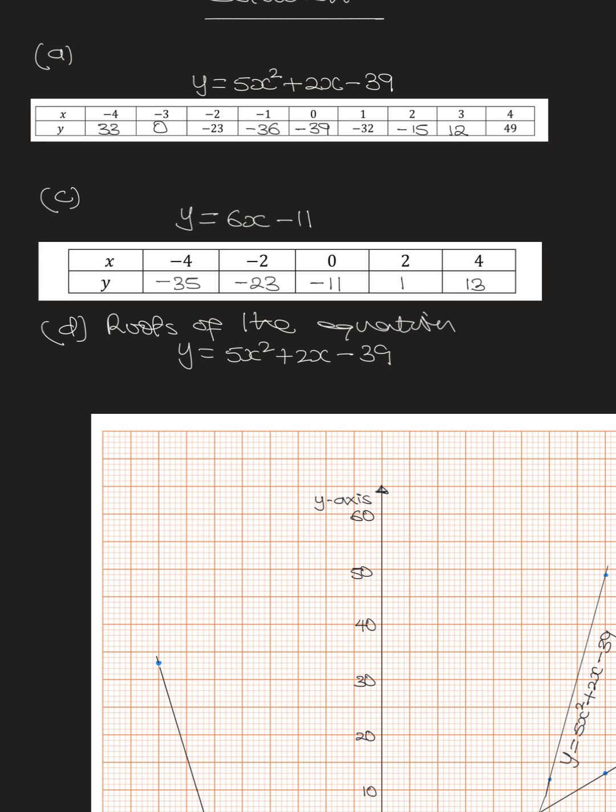Providing answers for question D1, the roots of the equation y is equal to 5x squared plus 2x minus 39 is that we have two values of x. We can say x is equal to minus 3 and x is equal to positive 2.6.